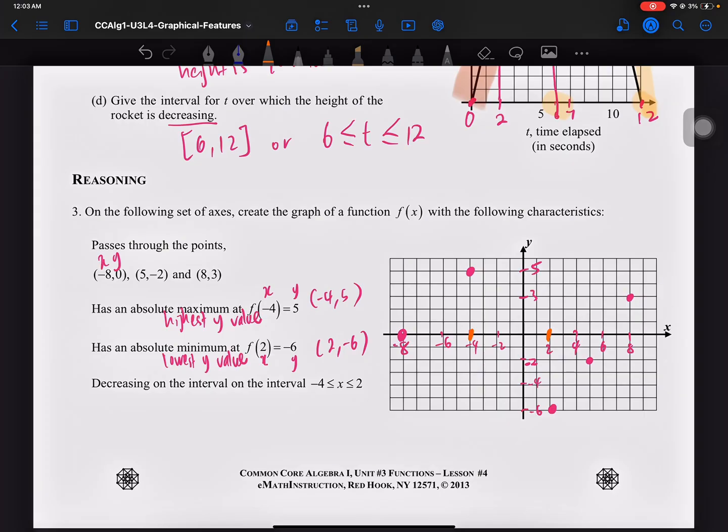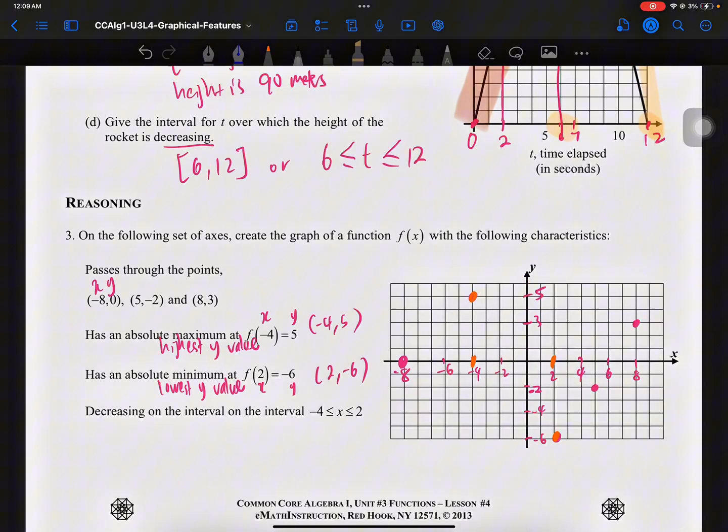As we move right, the graph height must go down the whole time, no bumps up in the middle. So starting at the maximum point, (-4, 5), your curve must descend steadily until it reaches the minimum point (2, -6). So this interval is a decreasing interval.